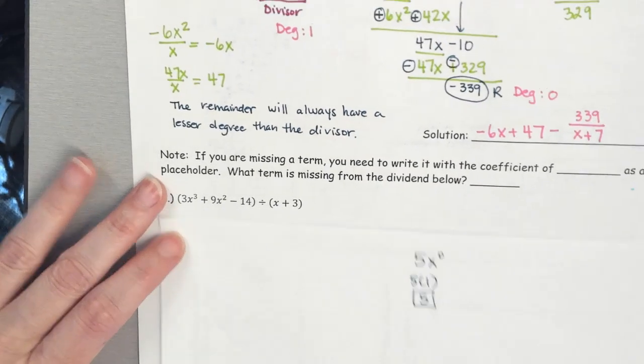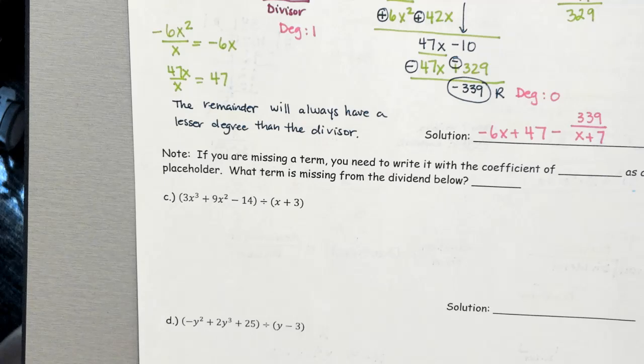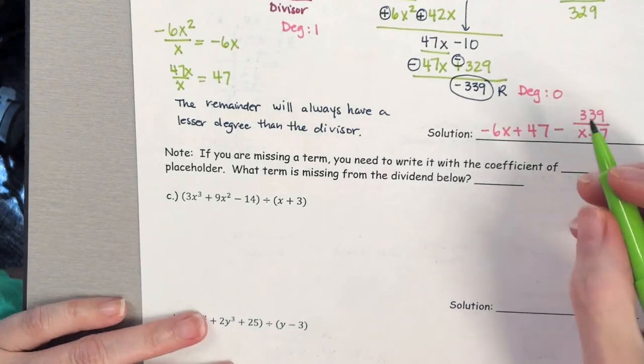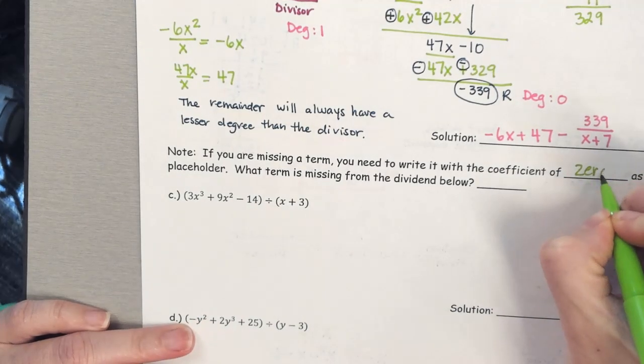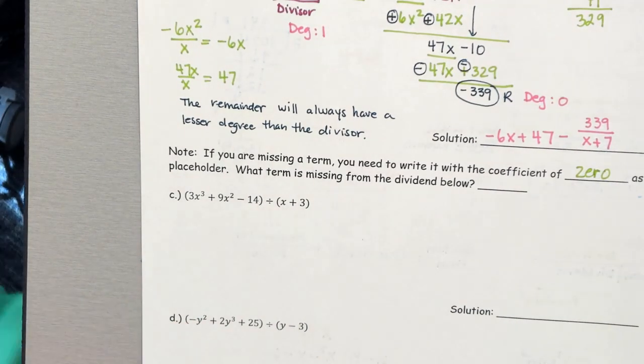Okay. All right, and then if you are missing a term, and by that it means there's a gap in the terms, you need to write it with a coefficient of 0. Now, sometimes this is going to make a difference, and other times it's not. So we're going to see both cases.